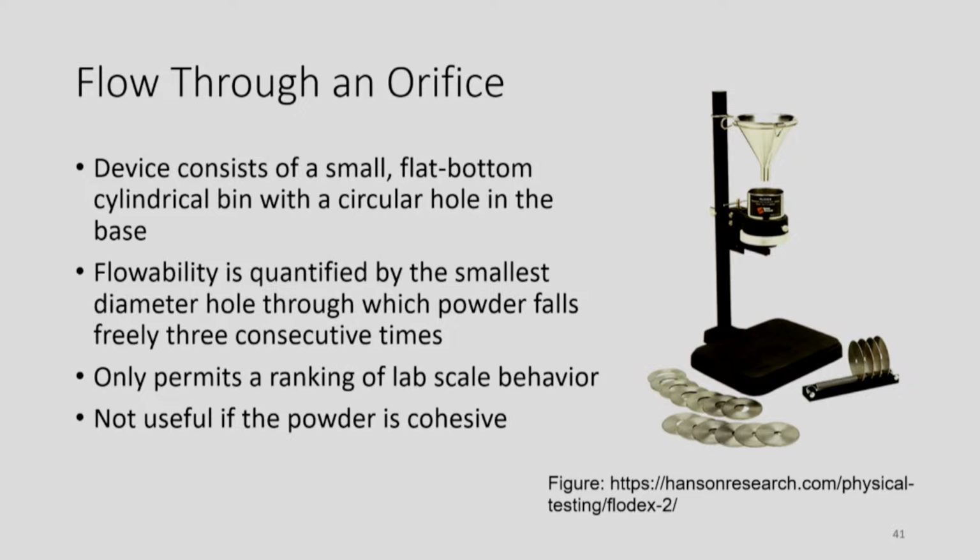It's a simple and easy measurement. We talked about comparing sugar and coffee powder, right? If you wanted to assess sugar and coffee powder, this might be a quick and easy test to get their flow behavior.